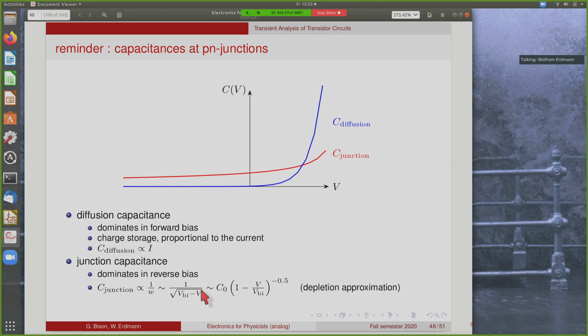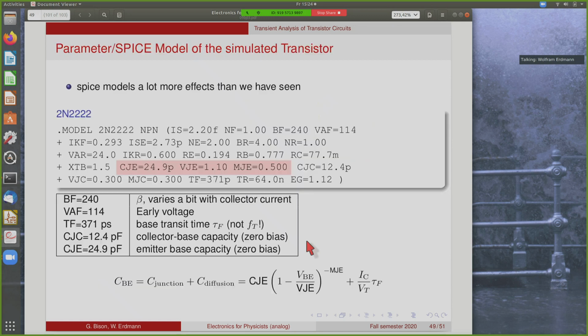So it goes like 1 over square root of built-in voltage minus voltage. I can also write the same thing like this, or some constant C0 times 1 minus V over V built-in to the negative 0.5 in the depletion approximation. In a real diode, it'll be slightly different.